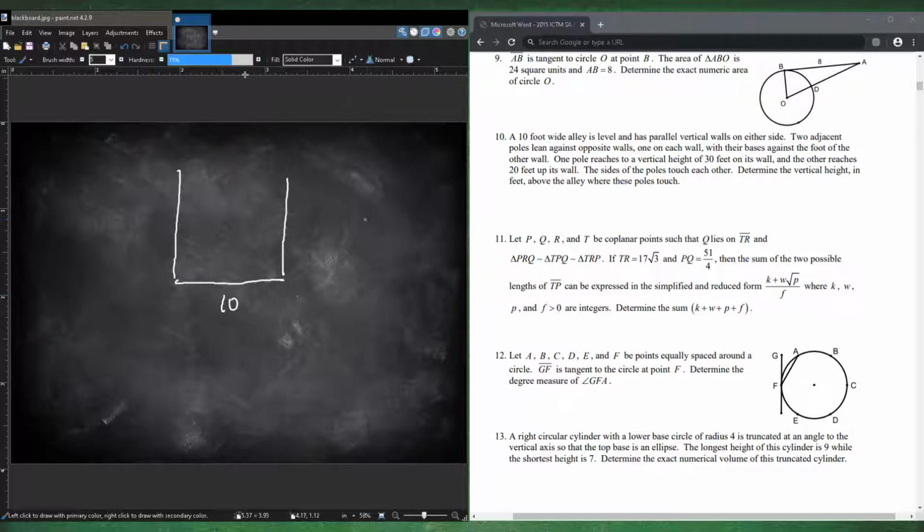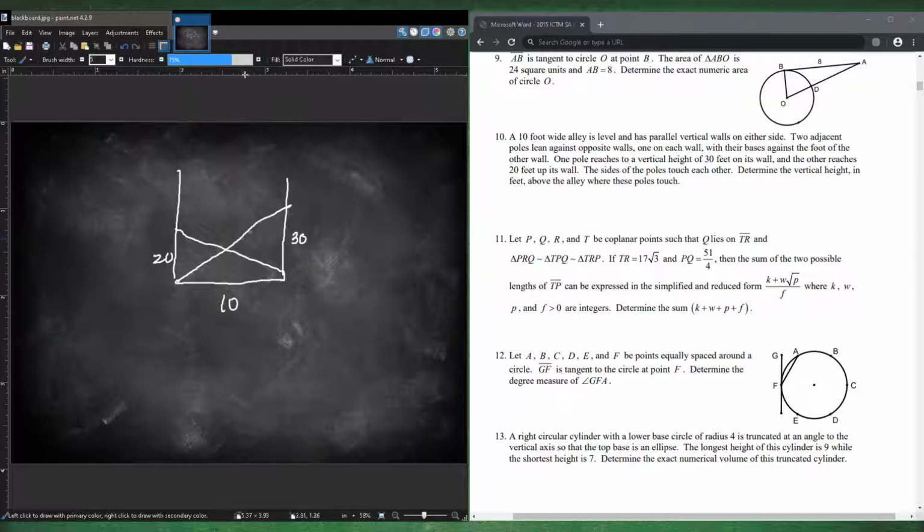Okay, so one pole reaches the vertical height of 30. So let's draw this one. So one pole, from the foot on the other wall to the height of the other one, that's height of 30. And the other reaches 20. Okay, so this one here reaches 20. Not really drawn to scale.